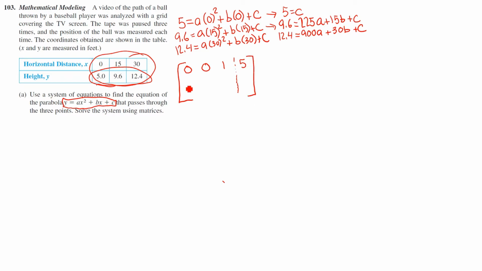For the second equation, we have 225A and 15B and 1C, and that gives us 9.6. Then we have 900A, 30B, and 1C equals 12.4.